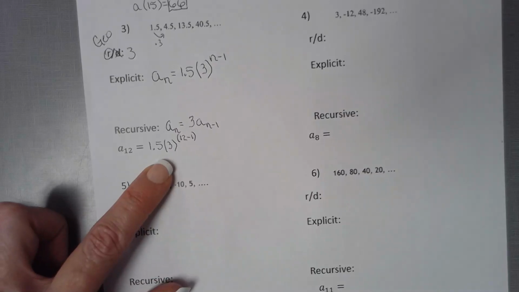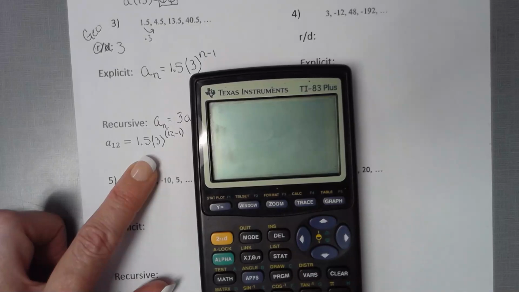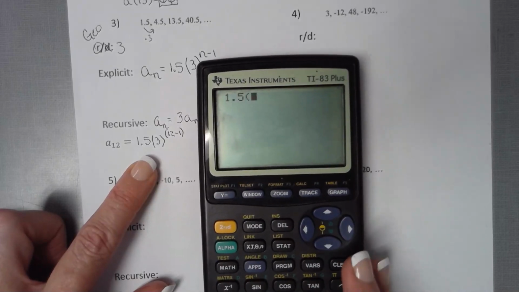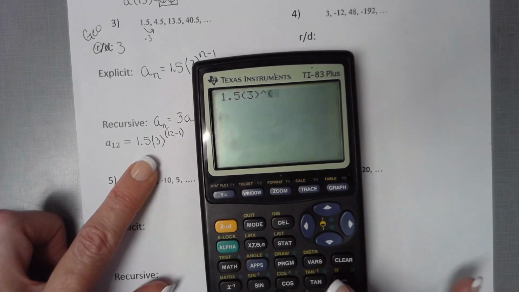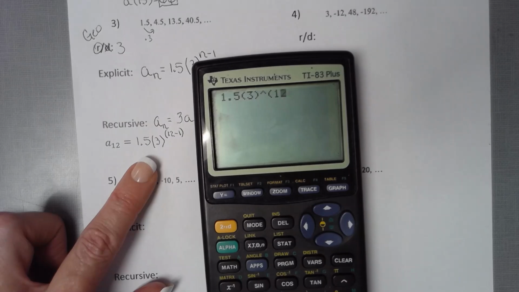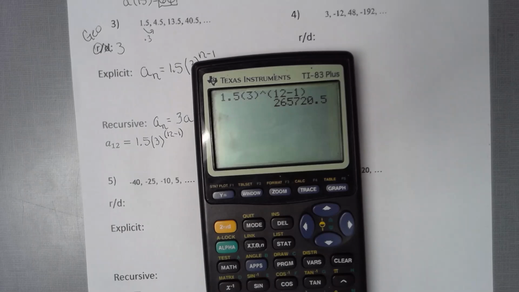And now we're going to put that in our calculator. 1.5 parentheses 3, close your parenthesis, caret key, open a parenthesis, 12 minus 1. Now, y'all, if you know that 12 minus 1 is 11 and you like, Miss Badger, I just want to type in 11, you can.